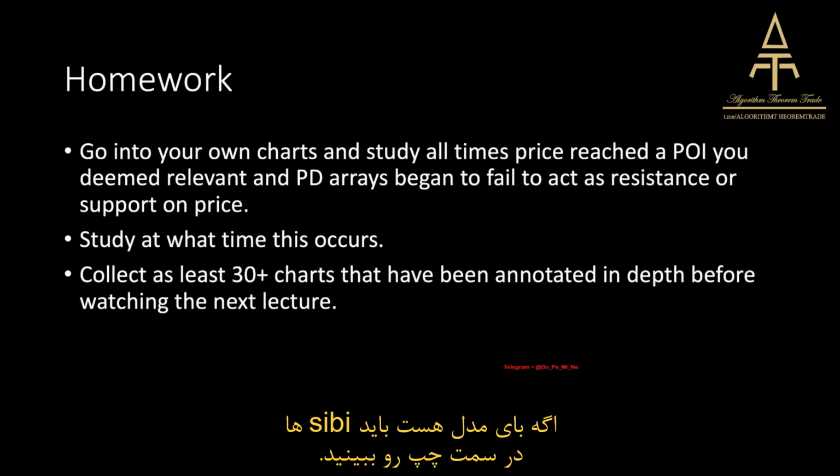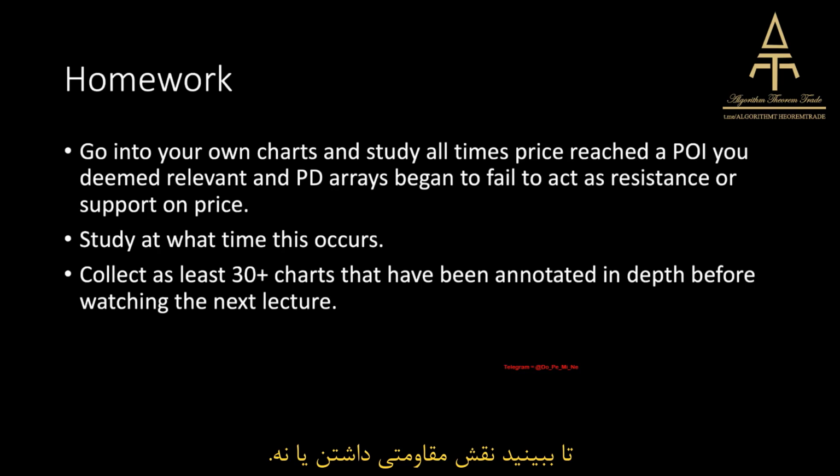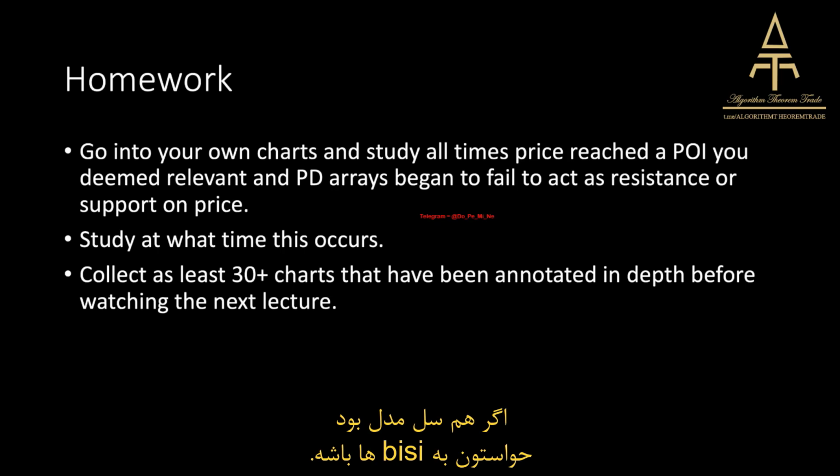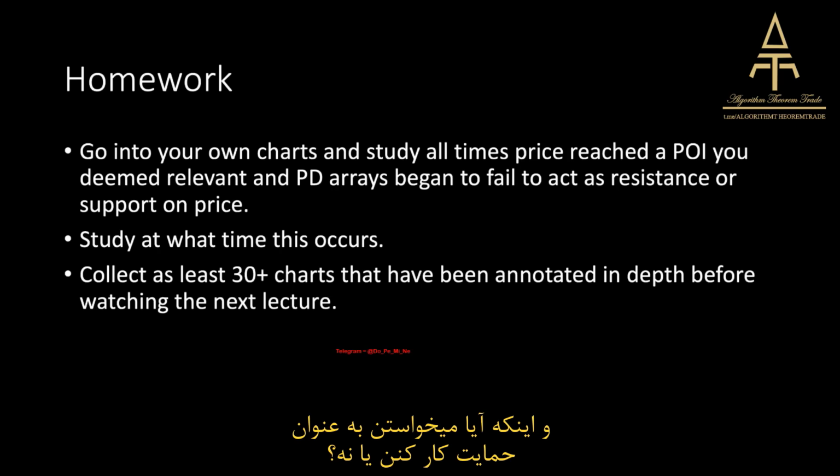If you are looking at market maker buy models, your eye should be drawn to the CBs on the left side of the curve to see whether or not they're acting as resistance on price going forward. If you're studying market maker sell models, your eye should be drawn to the BCs that form inside of the left side of the curve and their unwillingness to be utilized as support before being sent higher.